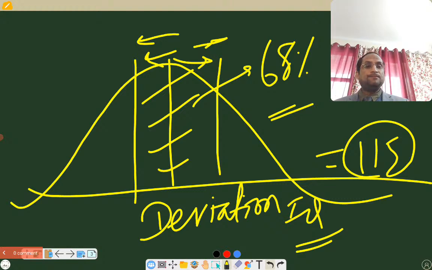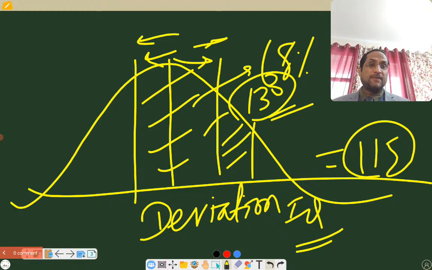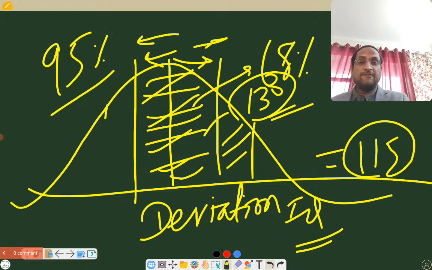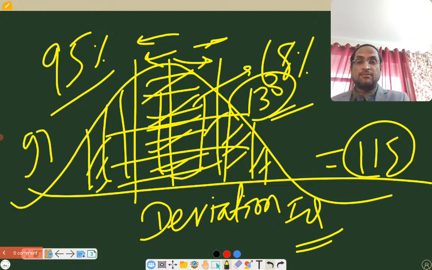Fine. So you are one standard deviation away. If your score is 130, you are two standard deviations away, and you are better than 95% of the population. This population is 68%. This is one standard deviation. If we take two standard deviations, then the population range will be 95%. If we take three standard deviations, then what? 97% of the population.